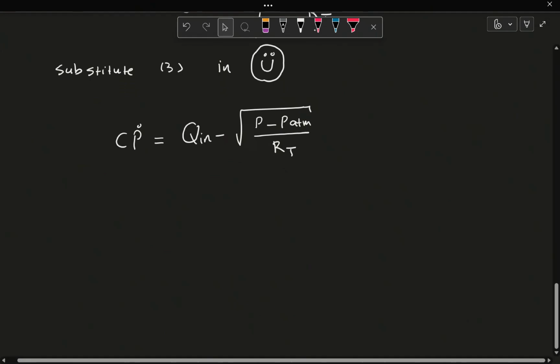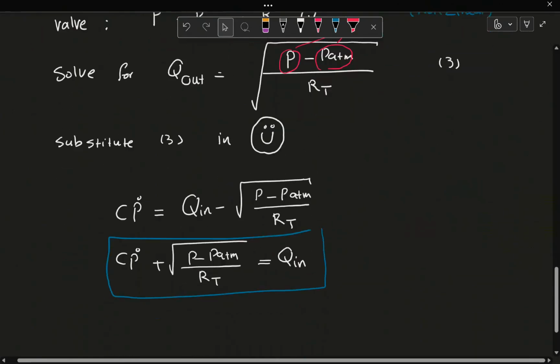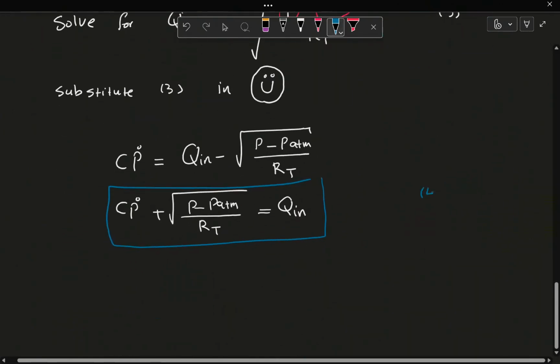So I'm going to bring only the square root to the other side, and I'm going to flip the sign. So this is going to be C P dot plus the square root of P minus P atmosphere over R turbulent equals Q_in. Okay, and this is the dynamics of the system when you are assuming that the flow across the valve is turbulent.